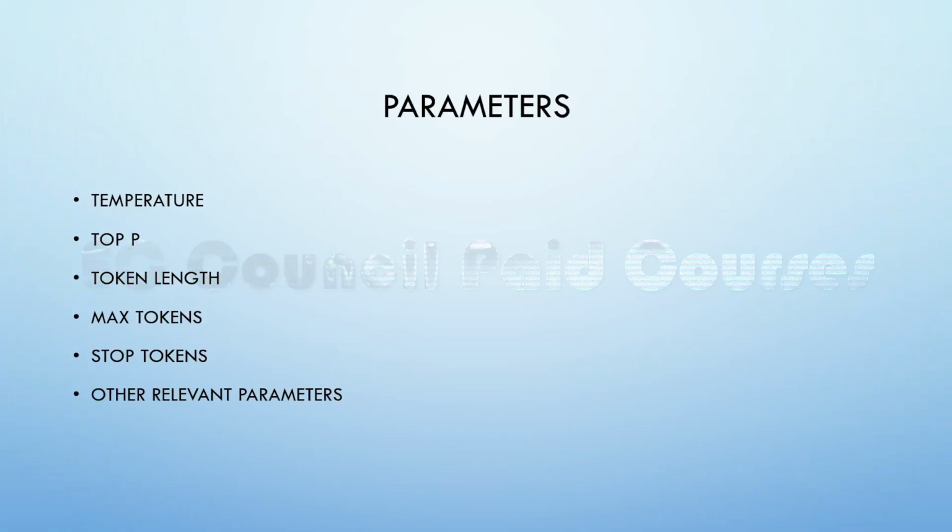So what are the kinds of parameters that we can expect from an LLM? Well, there are quite a few. Among others are temperature, top P, token length, max tokens, and stop tokens. So let's start off with temperature. Temperature itself is a hyperparameter that controls the randomness of language model output. A high temperature is able to produce more unpredictable and creative results, while a low one produces more deterministic and conservative outputs.